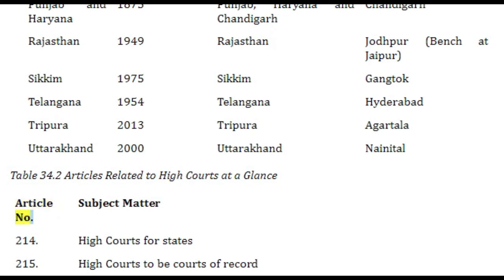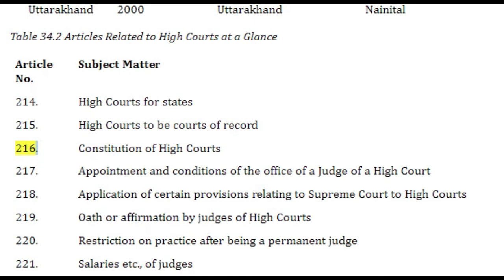Article No. and Subject Matter. 214. High Courts for States. 215. High Courts to be courts of record. 216. Constitution of High Courts. 217. Appointment and conditions of the office of a judge of a High Court. 218.